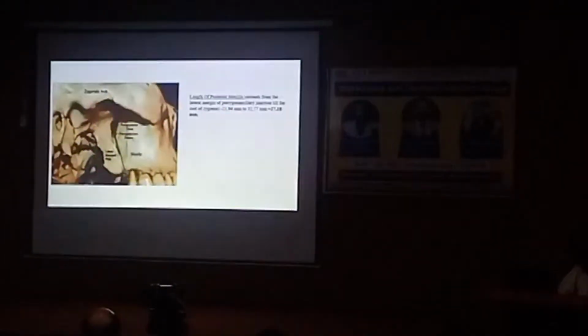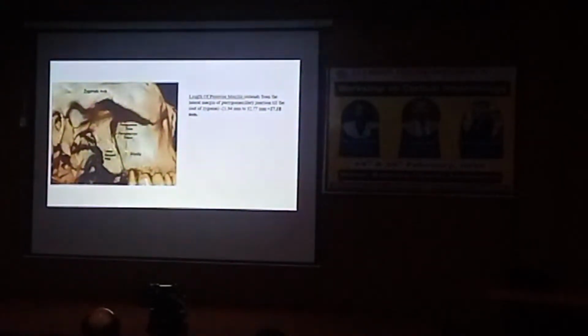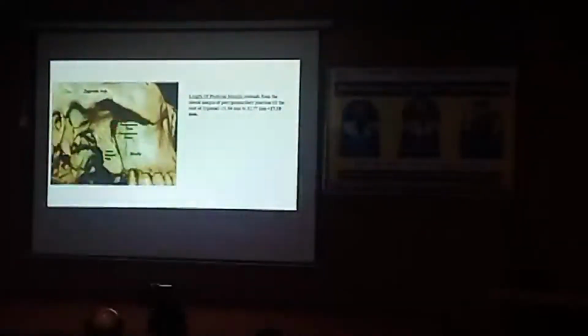And the length of the posterior maxilla extends from the lateral margin of the pterygomaxillary junction till the root of the zygoma. It is 21.94 mm to 32.77, with a mean of 27.18 mm. But we know that there is a vascular, anatomically soft tissue structure here, which is the pterygomaxillary fissure, in which all the ganglia, your nerves, and the entire maxillary trigeminal nerve and maxillary artery are present.